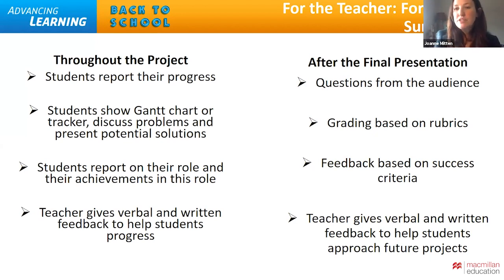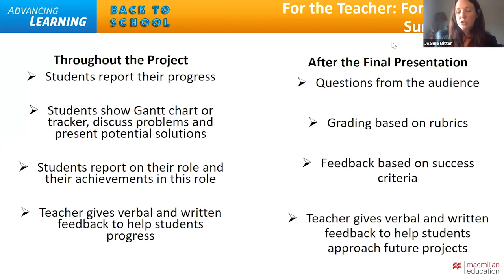And then after the final presentation, we're kind of onto a form of summative assessment. So the students are getting questioned from the audience, and you might be able to assess or give feedback on how they handle those questions, but also how the individuals in the audience are handling asking questions and looking for more information.